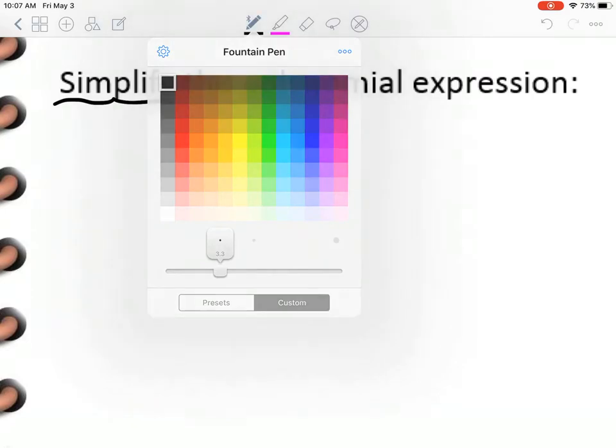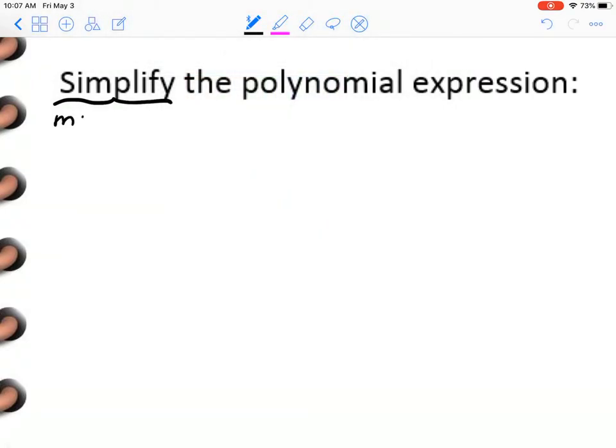Let me slide the pen back a little bit so I can write clearly. So make simpler, make it shorter, make it easier to read. It does not say to solve. We can't solve this problem because it's an expression. It doesn't have an equal sign.